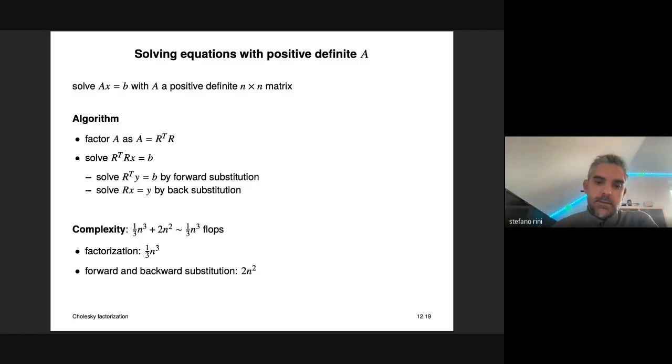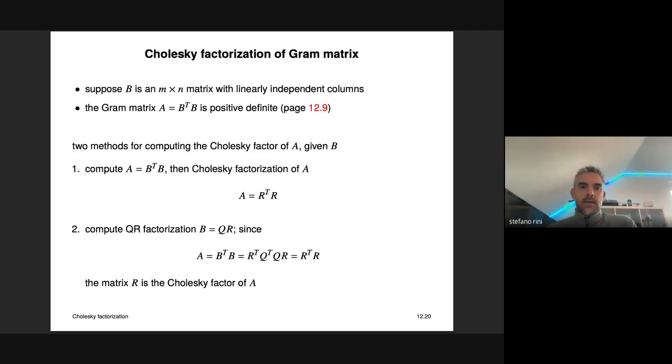Okay, so this is very nice for us. Now let's complicate things a little bit. Suppose that B is an M times N matrix. So we leave the reign of square matrices. But let's just say that B still has linearly independent columns. So we don't want to have anything which is rank deficient.